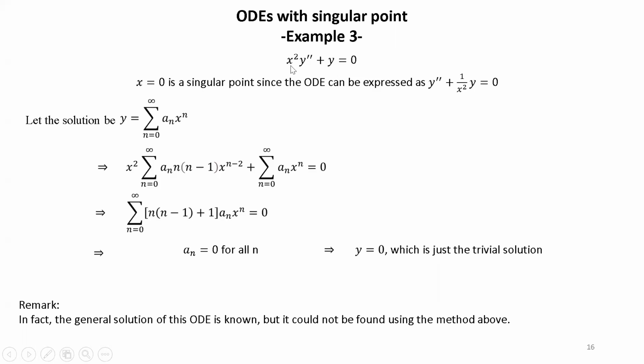So what I do is that I divide the whole thing by x squared. Then this is the equation that I have to deal with. Right? So then you can see that this will have a singular point at x equals 0. So where this 1 over x squared tends to infinity, right? So at that point you cannot express this 1 over x squared as a convergent power series. Okay.